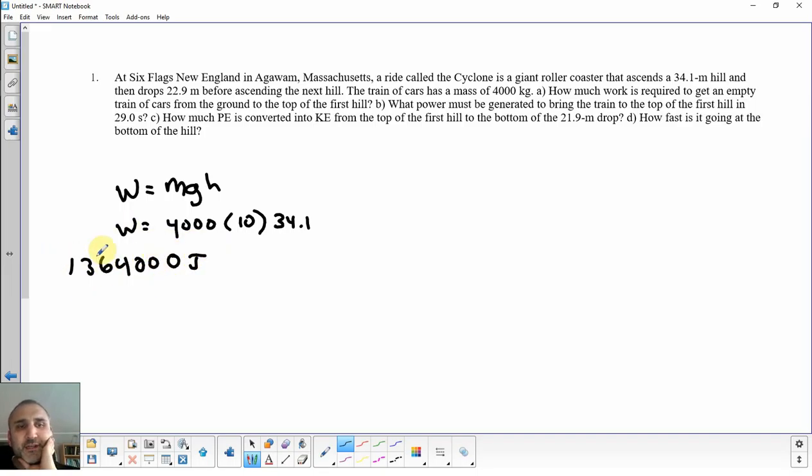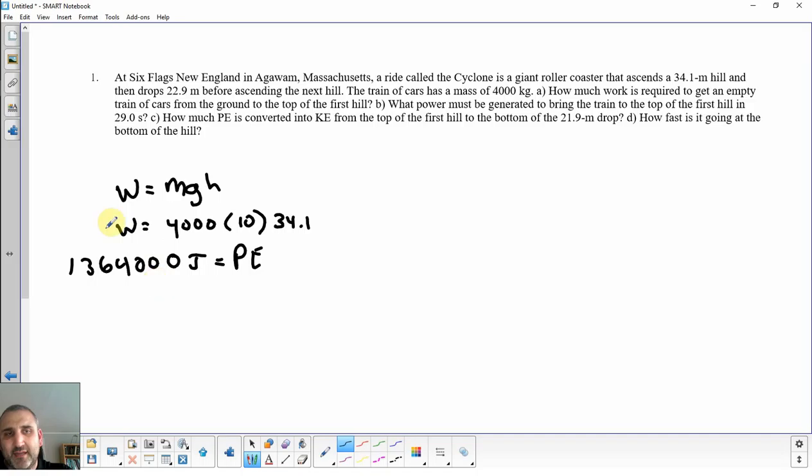So this is the potential energy or the work done getting to the top of the first hill. And if we know anything about the conservation of energy, this is the amount of joules that you have for the whole ride. So the second piece: what power must be generated to bring the train to the top of the first hill in 29 seconds?